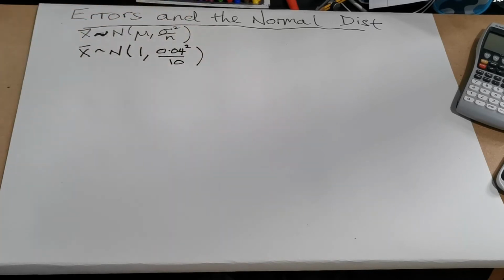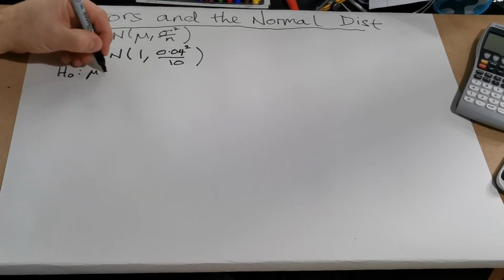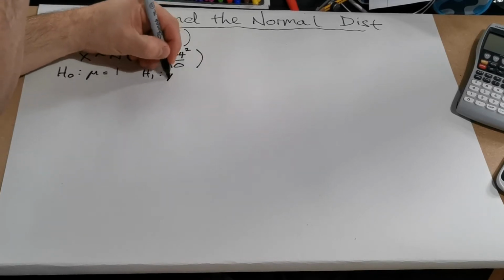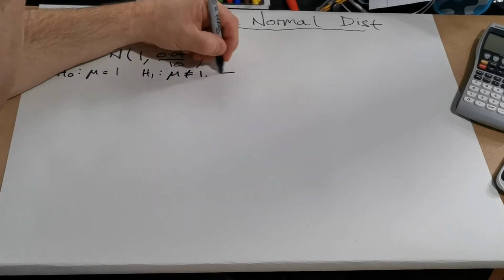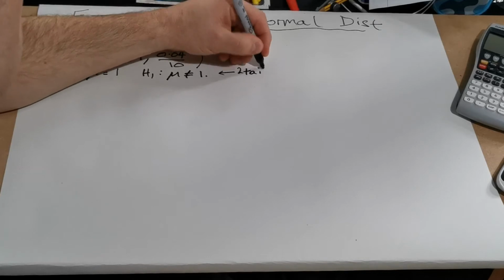Okay, so we've got H0 is mu equals 1 and H1 is mu does not equal 1. So that first thing is telling us that that's two-tailed.